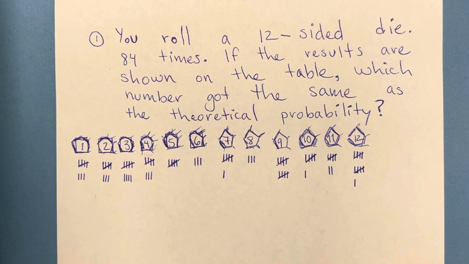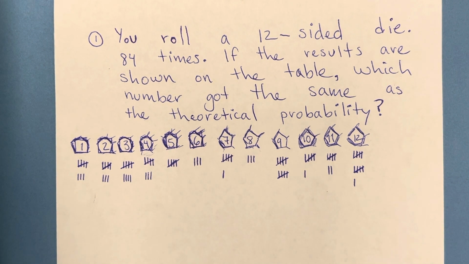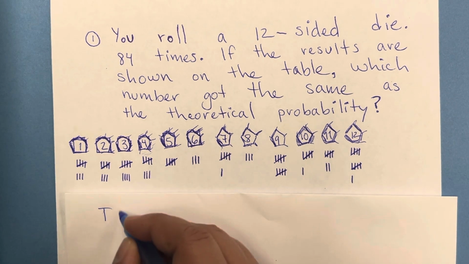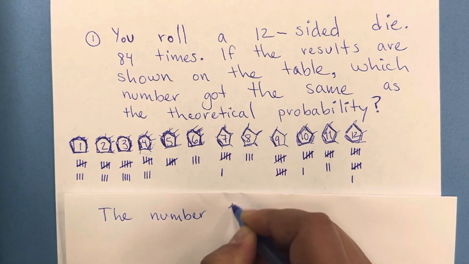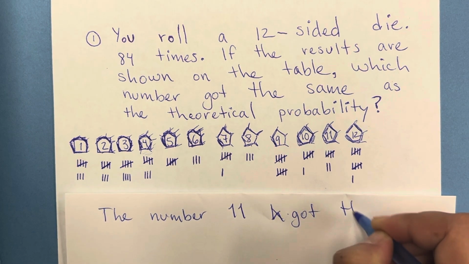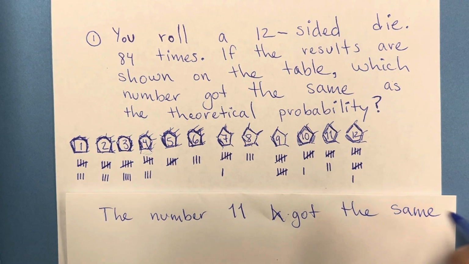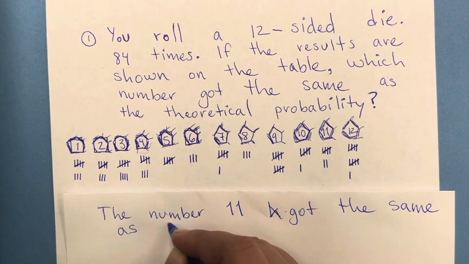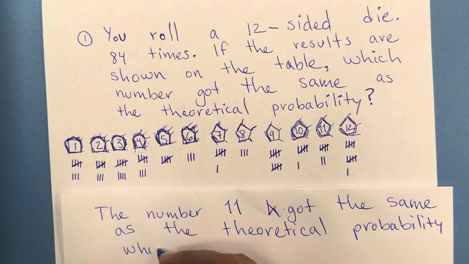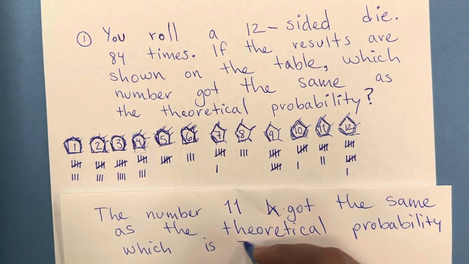The only number that got 7 times was number 11. So you will write: number 11 got the same as the theoretical probability, which is 7.